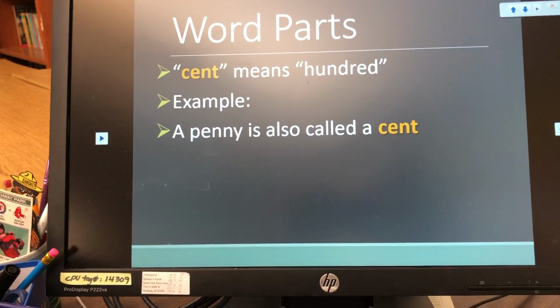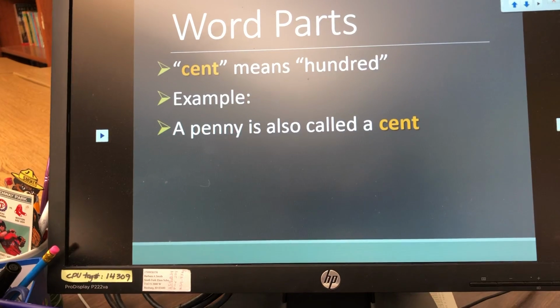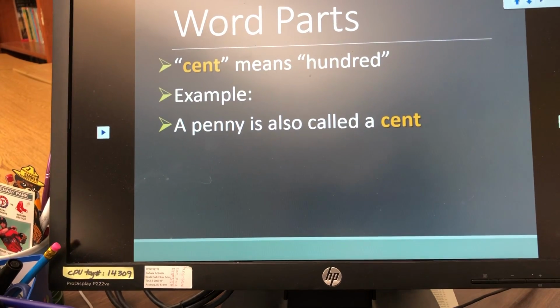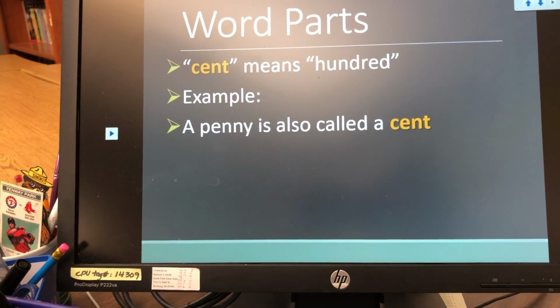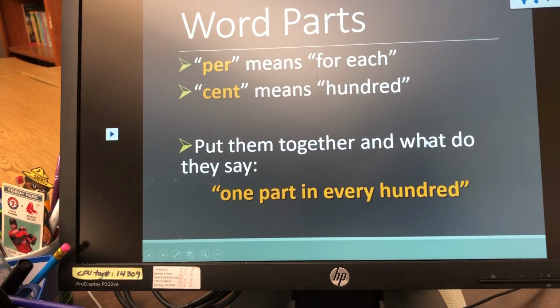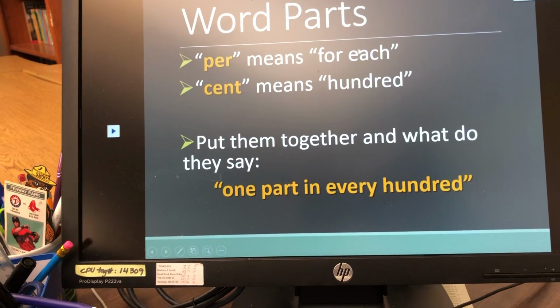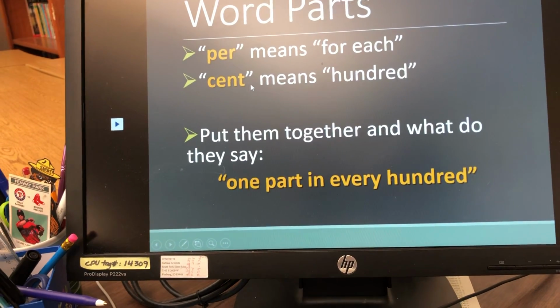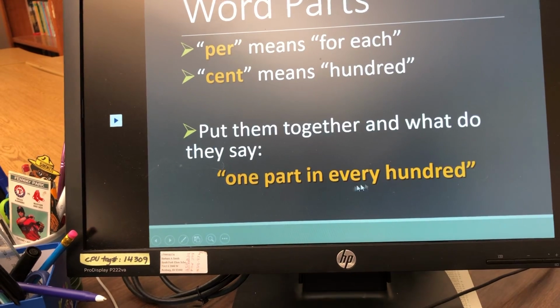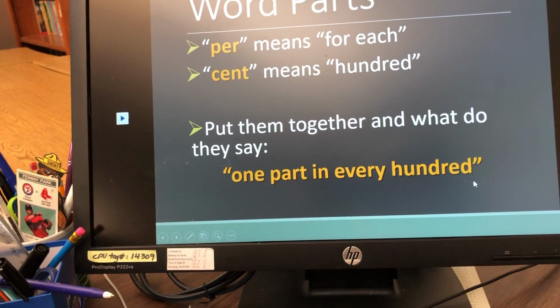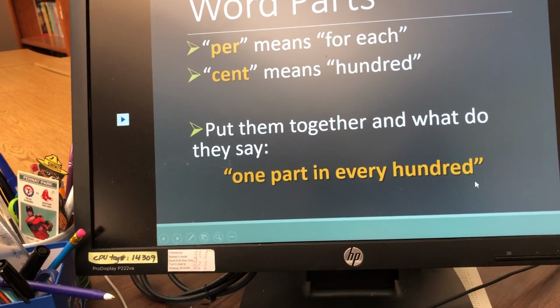And there are 100 years in a century, and there are 100 centimeters in a meter. Okay, so you put these two together, per cent, and it means 1 part for every 100. That's what the word means.